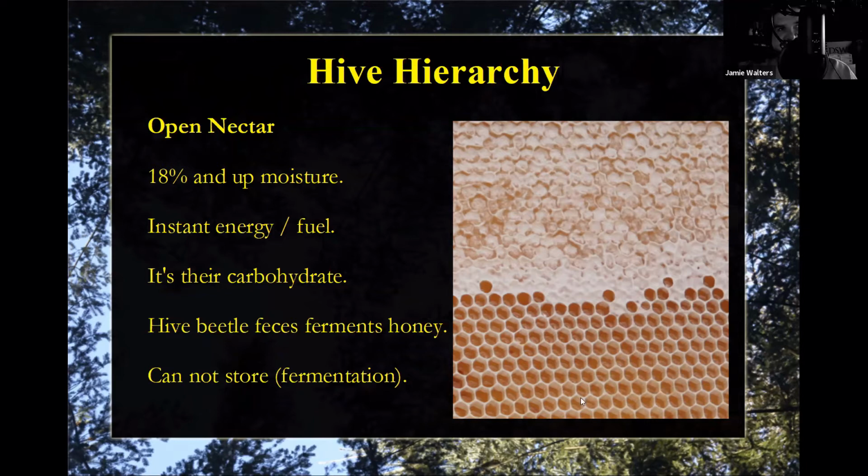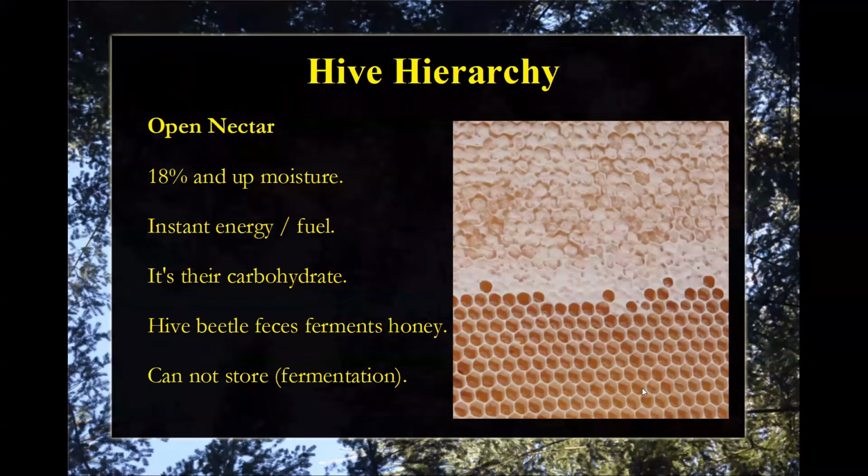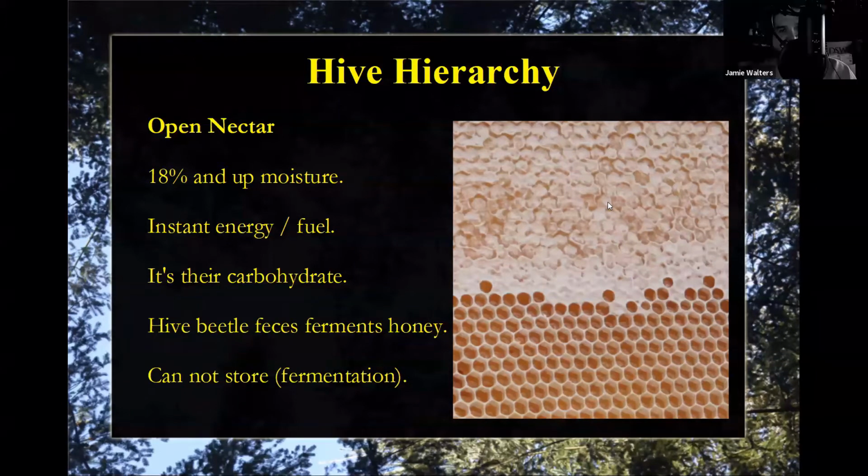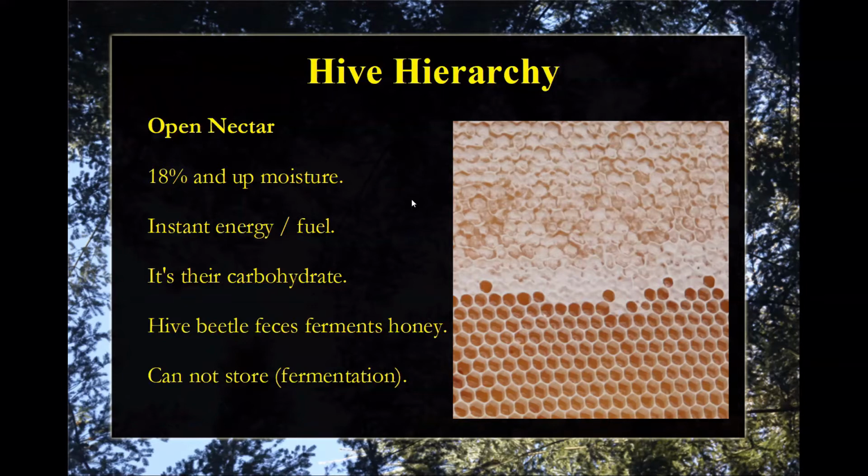So this open nectar has to get broken down by the bees ingesting it, mixing it with the saliva glands and this invertase. Then they'll go up and regurgitate it and put it into the cells. Then they fan it. Think of a dehydrator. They're fanning it down, making it less than 18.1. Then they test it. If it's under 18.1, then it gets a cap on it.